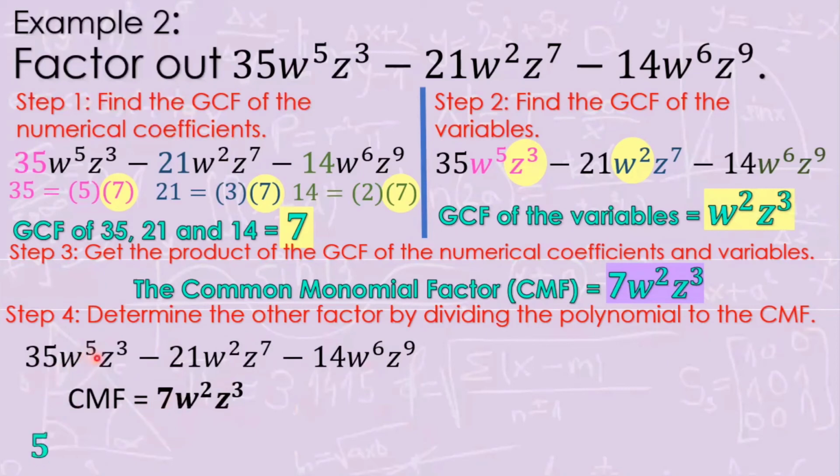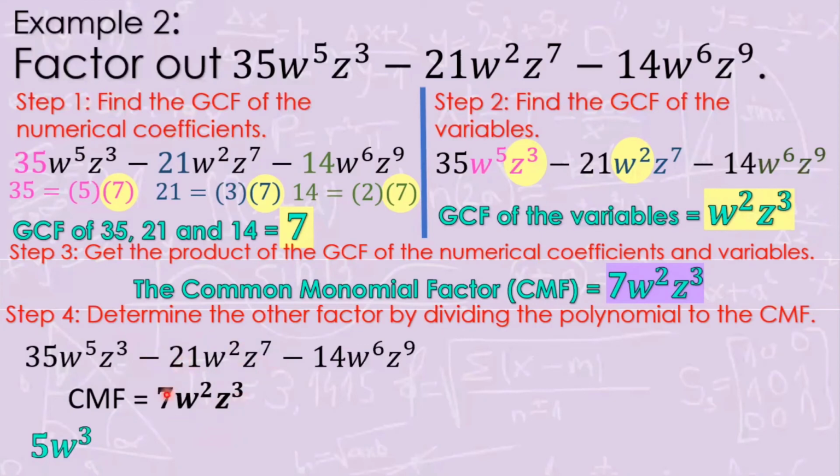W to the 5th power divided by W squared. So minus yung exponent, that is W cubed. Z cubed divided by Z cubed, sabi natin kanina, parang makakancel na lang sila kasi kapag in-apply natin yung law of exponent, pag minus yung exponents nila, magiging 0 yung exponent. So, kapag 0 ang exponent, equal yan sa 1. Diba? So, proceed na tayo dito.